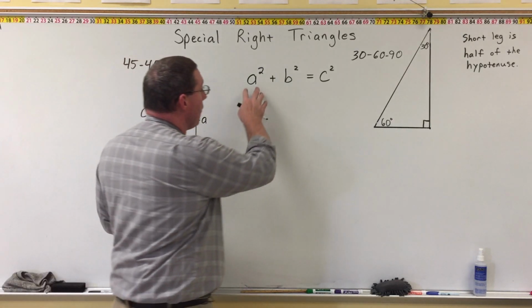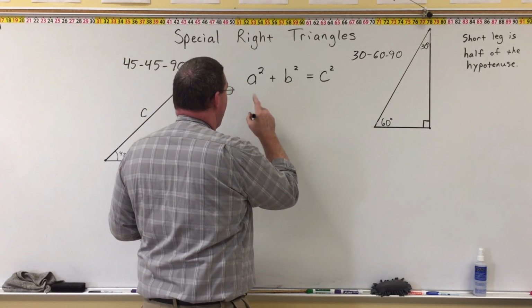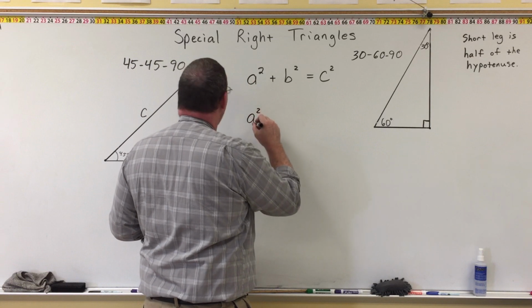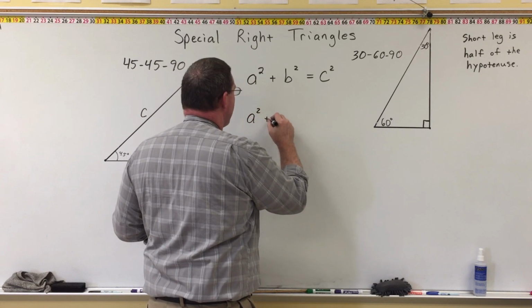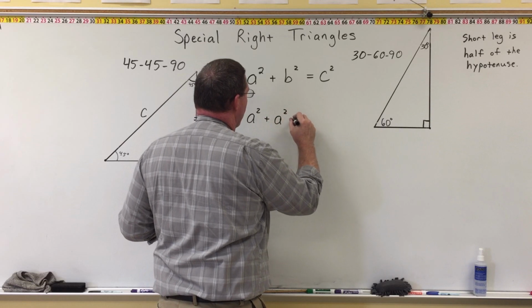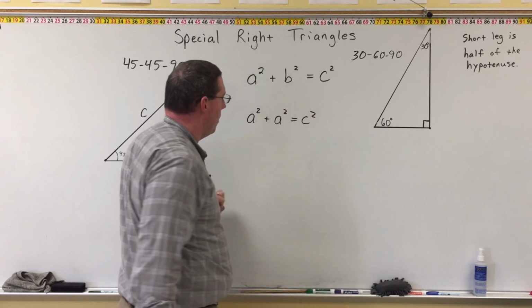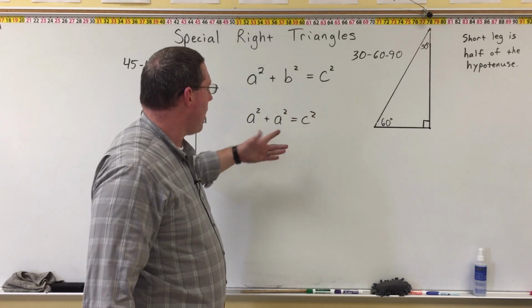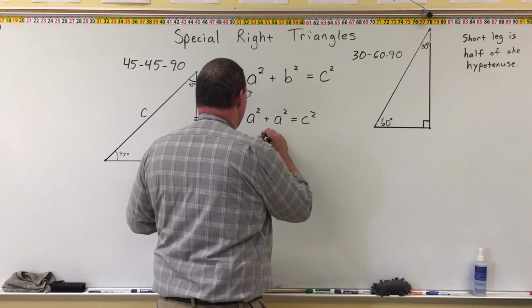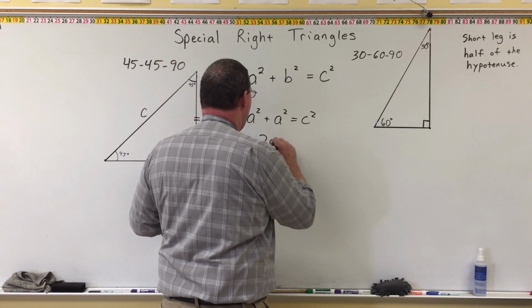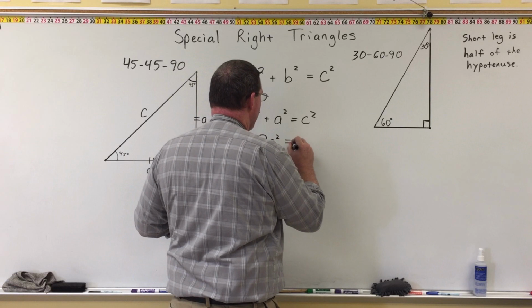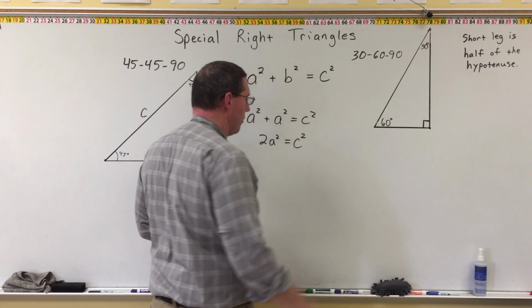So we can now modify the Pythagorean theorem and say that for a 45, 45, 90 right triangle, a squared plus a squared is equal to c squared. And now what is a squared plus a squared? Well, a squared plus a squared is 2a squared, and that is equal to c squared.